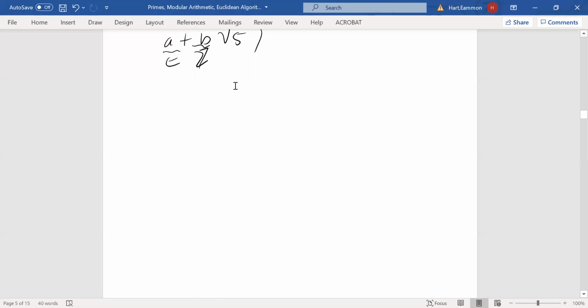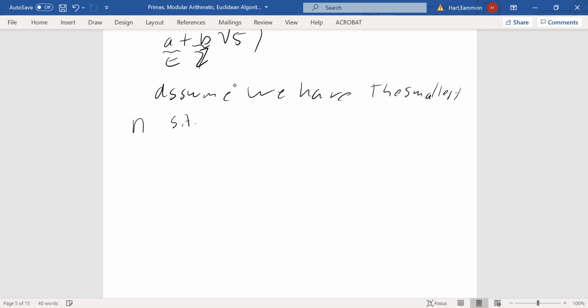Okay, so let's go about the proof and assume we have the smallest n such that n has two prime factorizations.